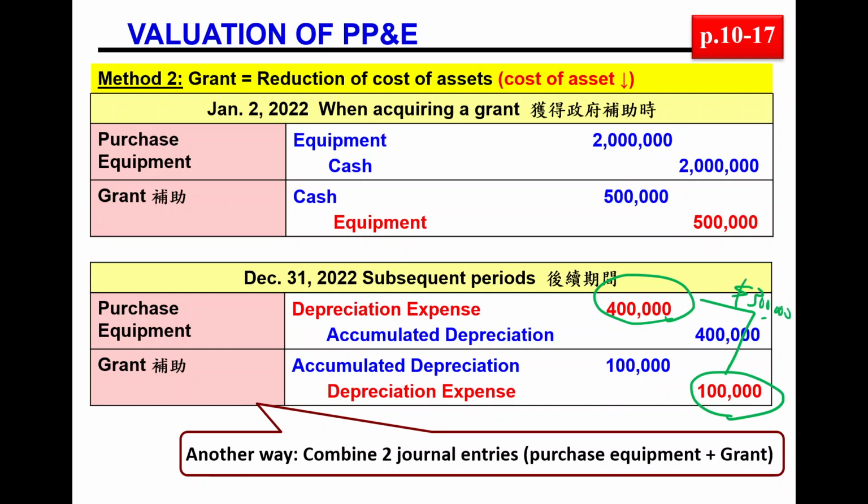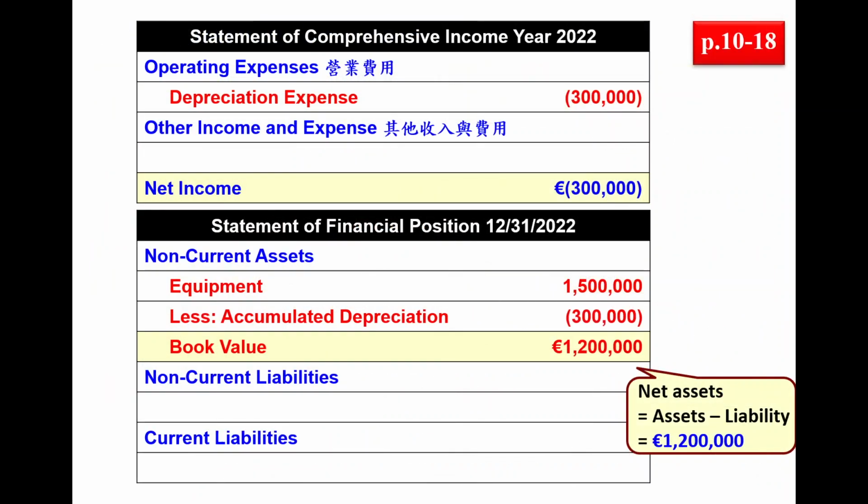Okay? So when we report on financial statements, you will have depreciation expense of only $300,000. Did you find out? Here, it makes your net income the same result as your first method. So that's why either one, method two, it doesn't matter, because they make your net income decrease by the same amount.